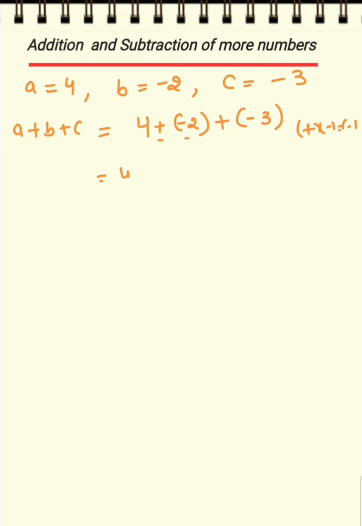So it will become 4 negative 2 and here also it will become negative 3. So we have to join these two. First, these two subtractions will take this minus out and we'll get 2 plus 3. So it will become 4 minus 2 plus 3 is 5. So now we have to subtract 4 from 5 and we'll get 1. And which sign will come? Minus sign will come here.